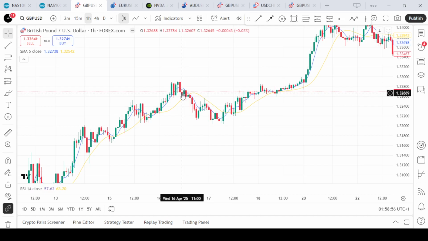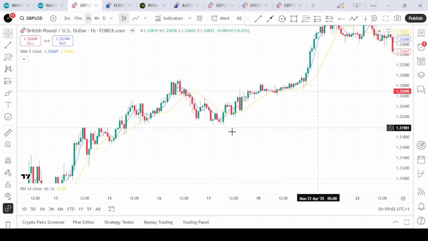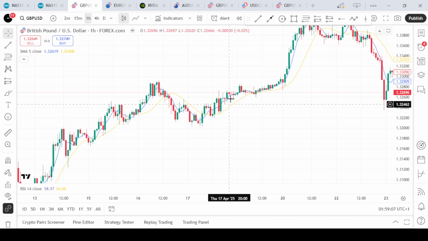You also need to choose the right period when trading with the simple moving average. Your choice of simple moving average period depends on your trading goals.